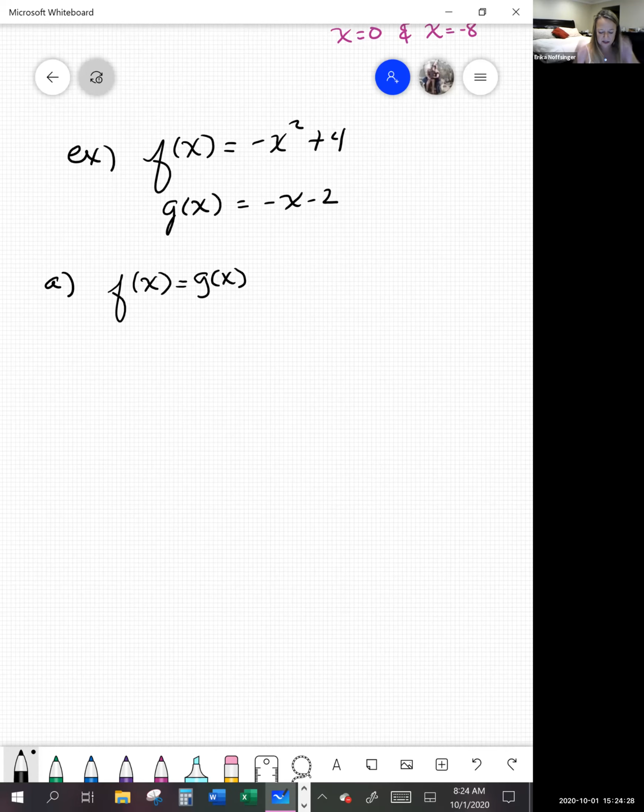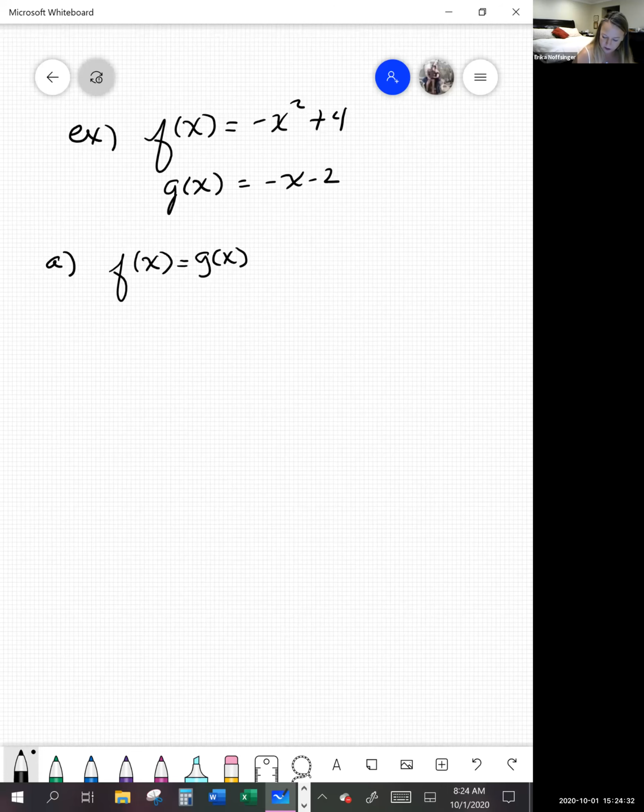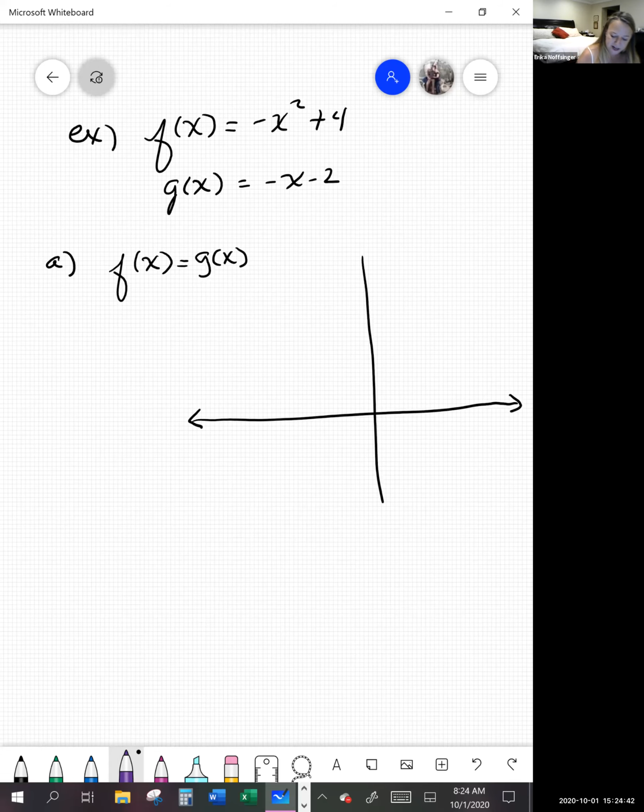Okay, let's look at first graphing these. It's good practice, and we're getting into a lot of graphing right now. We can use transformations. If I use transformations on y equals x squared for f of x, first there's no horizontal shift because there's no value within the parentheses.